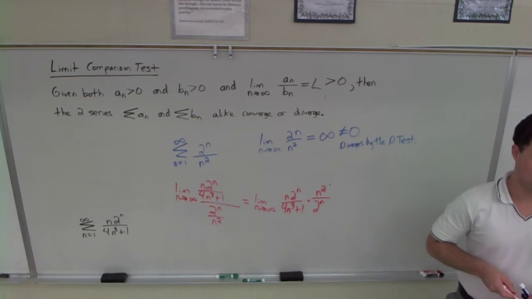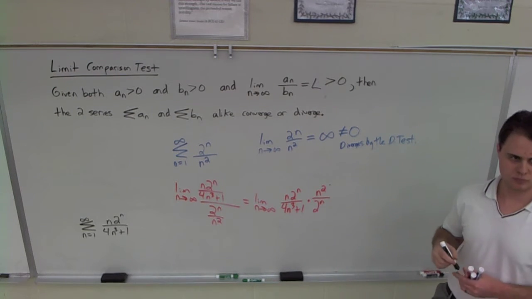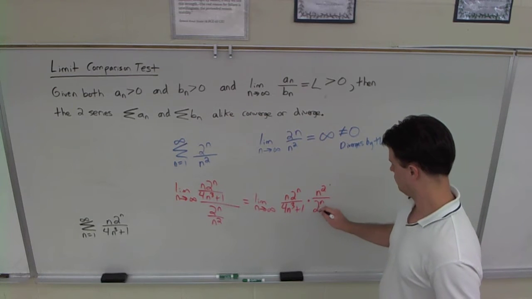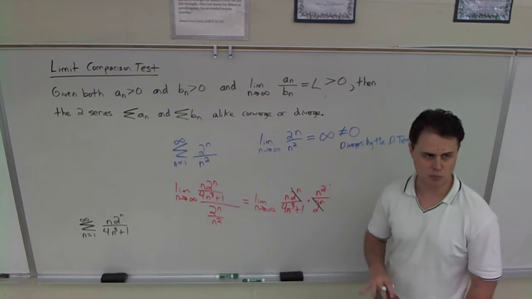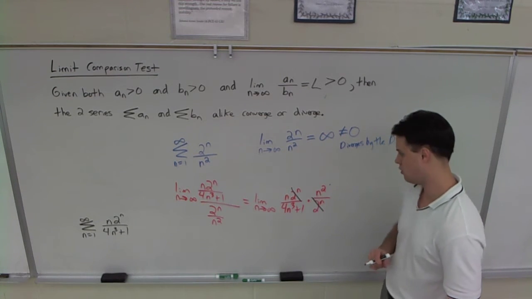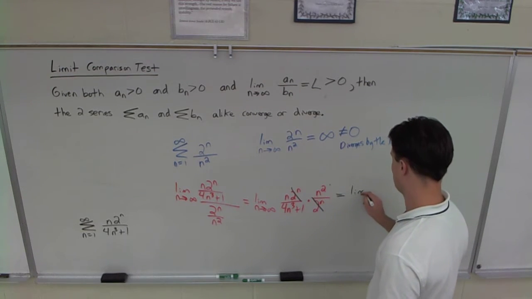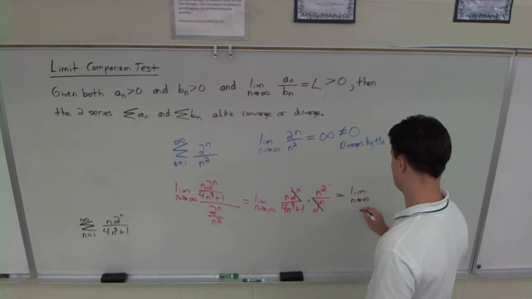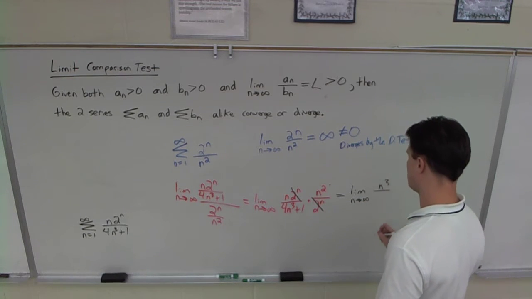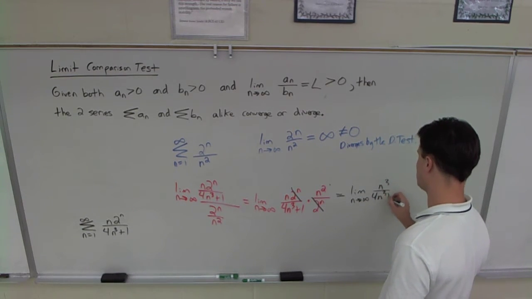What happens with that? Those go away, right? There's no pluses or minuses in there. We can cancel it out. Anything else cancel out? I think that's it. Combine the n's on top, and we get n cubed over 4n cubed plus 1.